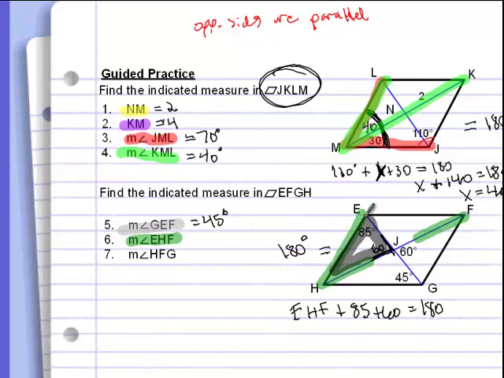The triangle EHJ is made up of EHF, angle 60, and angle 85. So I'm adding all three together and it should equal 180. Now when I combine my like terms, I get EHF plus 145 equals 180. If I subtract 145 from both sides, I get EHF to equal 35 degrees.